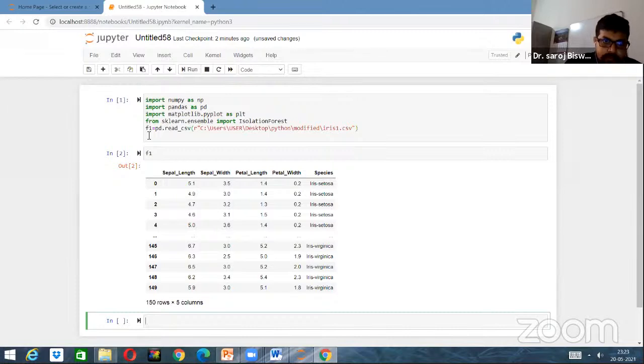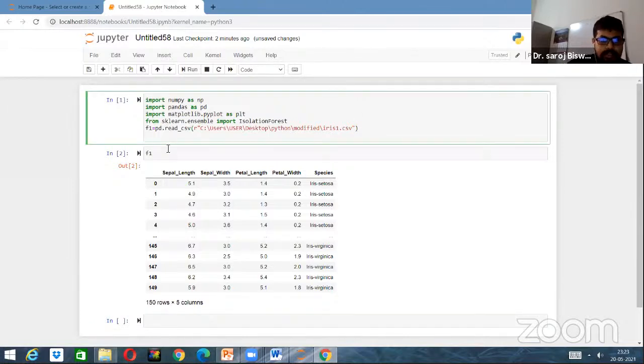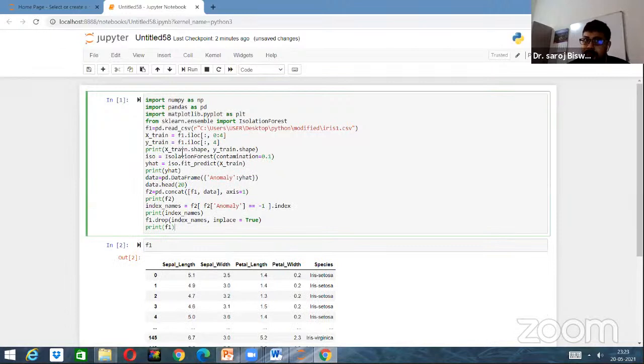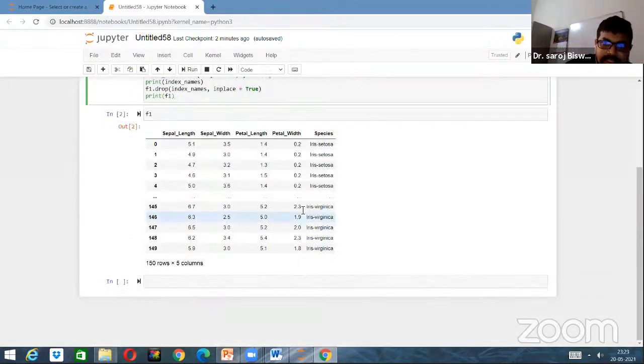We already talked about isolation forest being an unsupervised learning technique. So if it is unsupervised learning, then we need to use only the independent parameters, meaning only the attributes. The label is a problem, try to understand here: it's a classification problem.